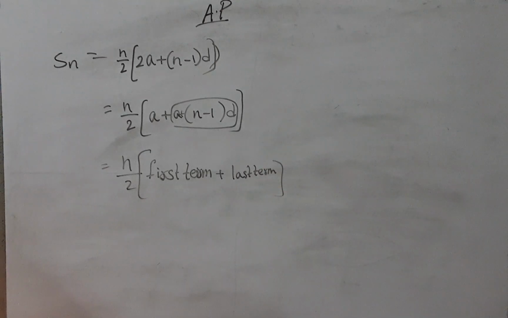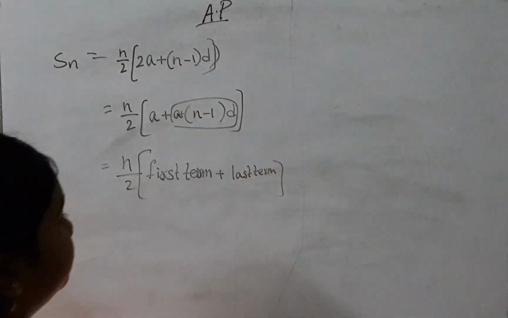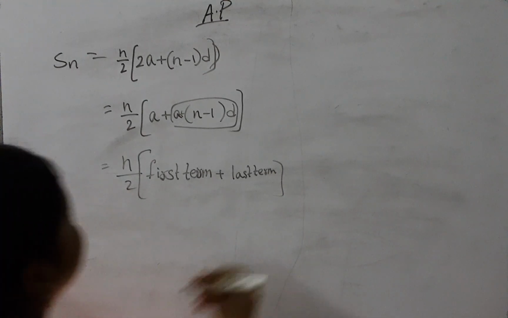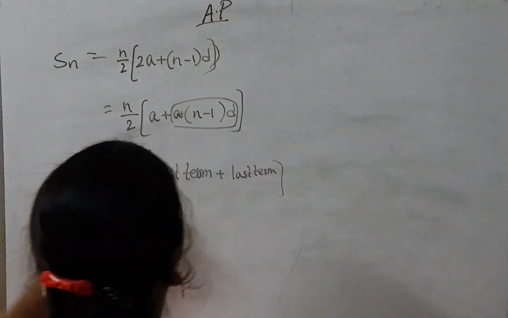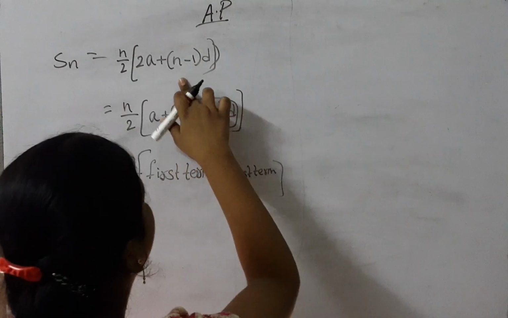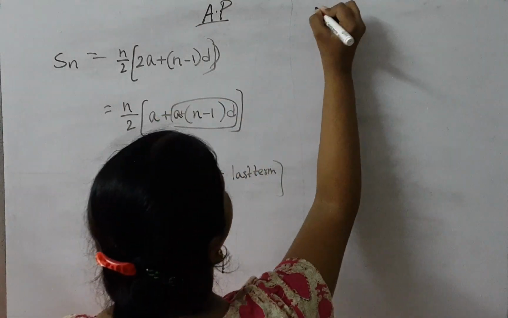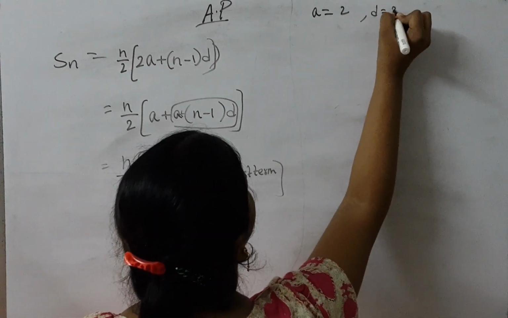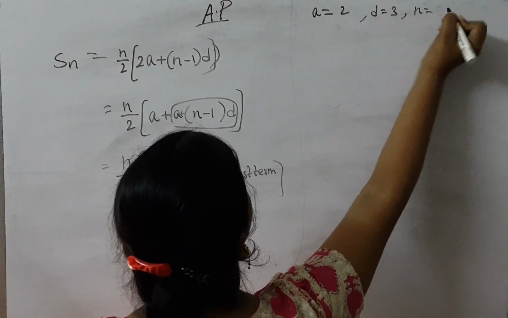If we take an example, a is equal to 2, d is equal to 3, n is equal to 5.